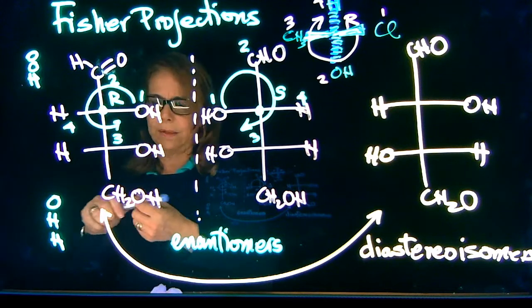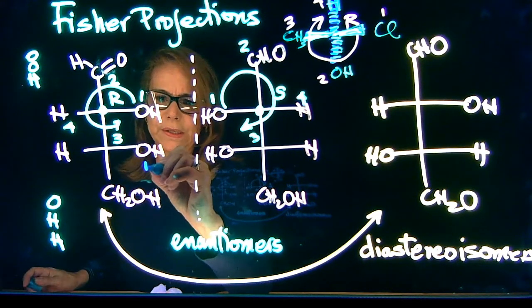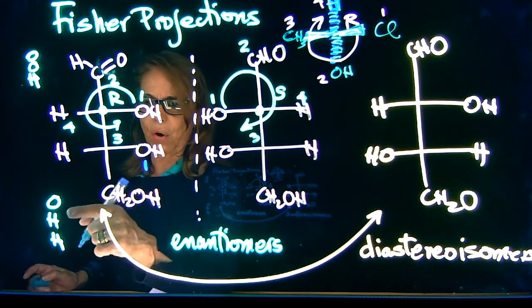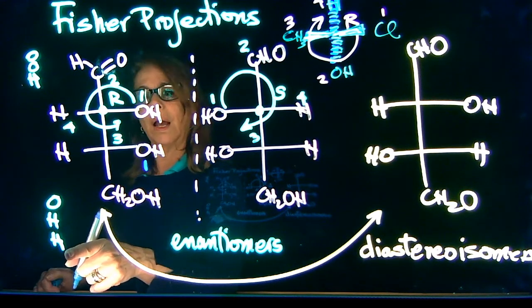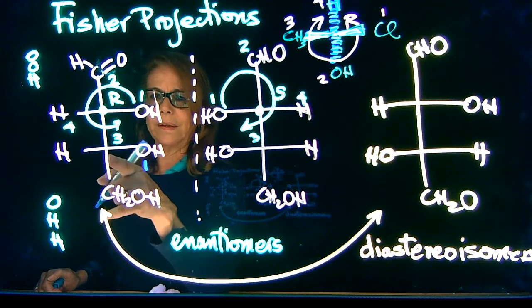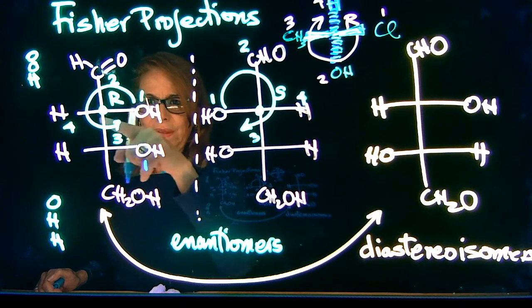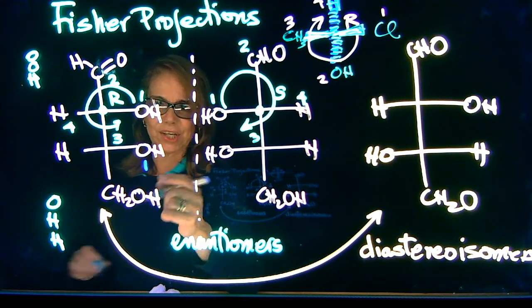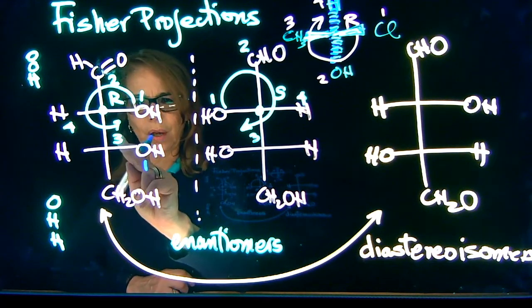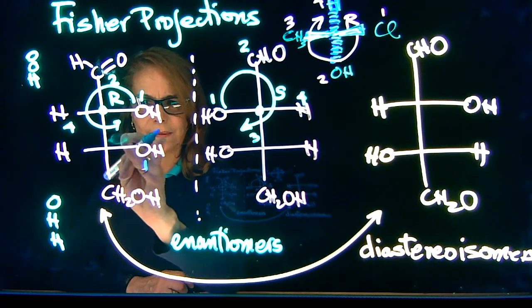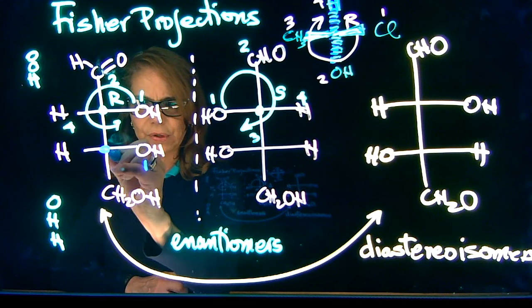And for that, let's assign priorities quickly. Priority 1. And then I'm going to say this carbon is attached to oxygen, hydrogen, hydrogen. And this one here, the carbon above, is attached to oxygen, carbon. So this has higher priority, the chain above. So I'm erasing those numbers that I did previously because now I'm doing the configuration of this chiral center.